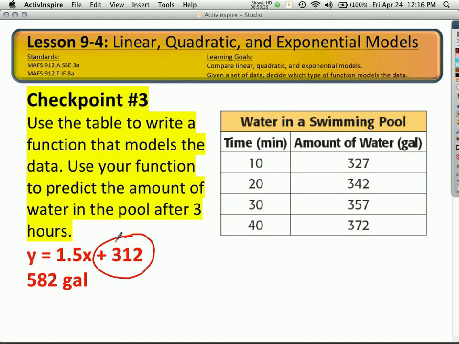I plugged in the 10 and... So after you figured out the slope, you used the slope formula, or you just figured out the differences, and you ended up with y equals 1.5x plus b, and then you used this one right here, plugged in a 10, plugged in a 327, and cranked it out, and you got the 312. Great approach. Anyone do it differently?